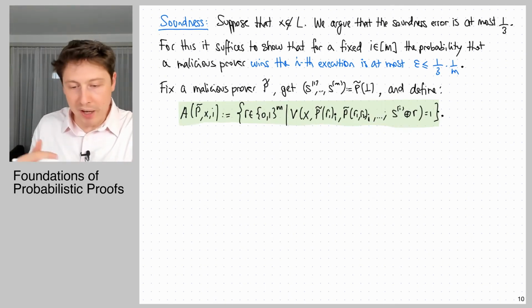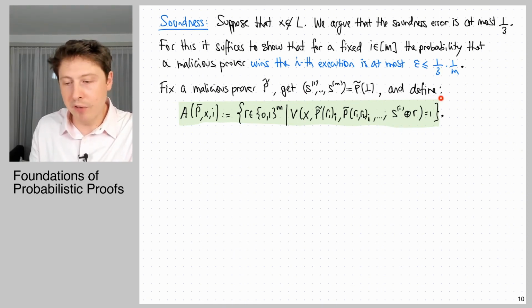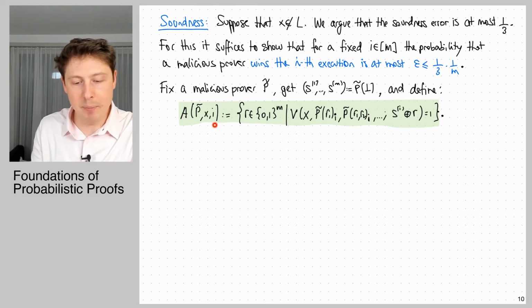All right, so fix an arbitrary malicious prover. That prover is going to say something in the first round. So these are the shifts he chose. And we're going to define the randomnesses that cause the prover to win in the ith execution, right? So what does it mean? It says we pick a random string from the verifier.